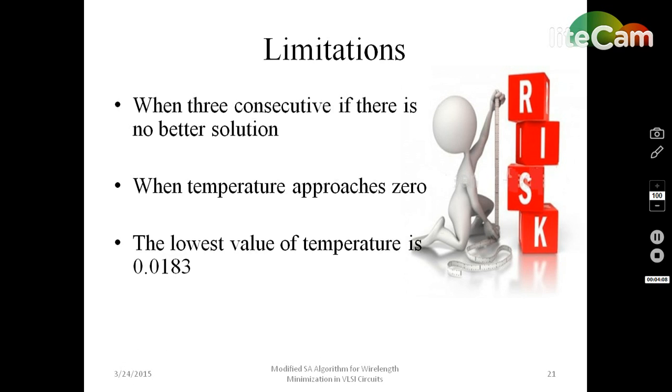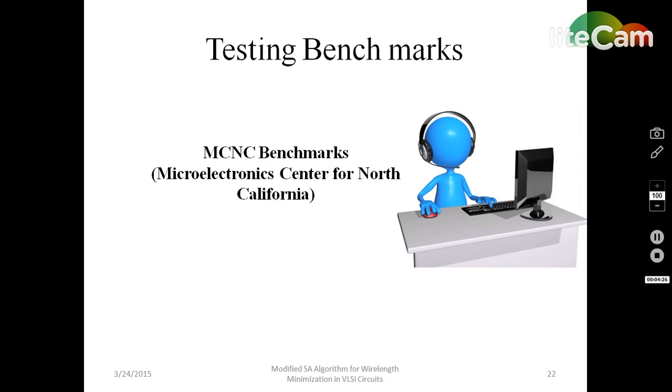However, the lowest value of temperature is 0.0183, as found by researchers, and the algorithm could be designed with the lowest temperature value of 0.0183 so that it gives the very best solutions. And also for very high temperatures, the algorithm does not work well.